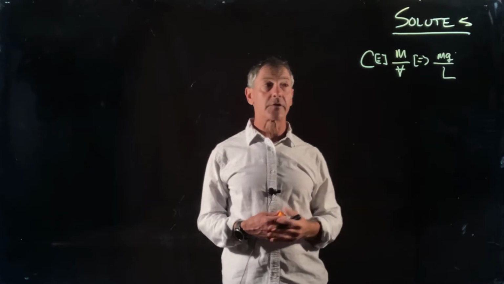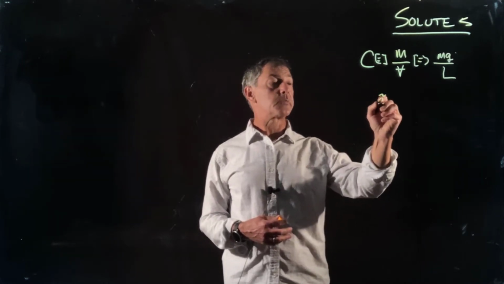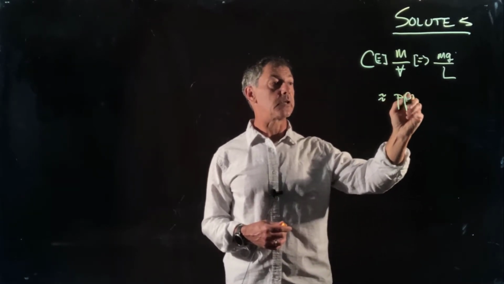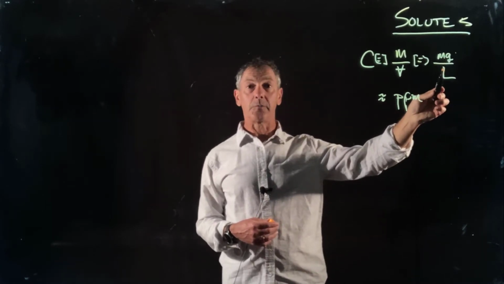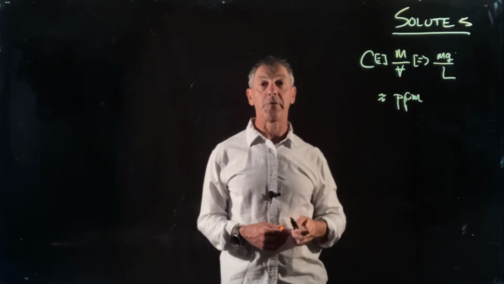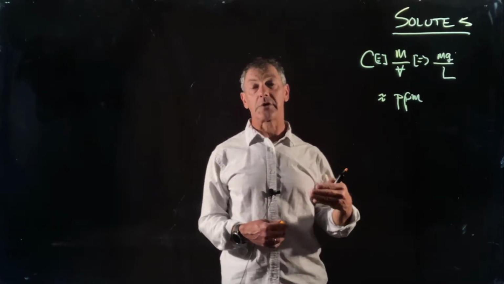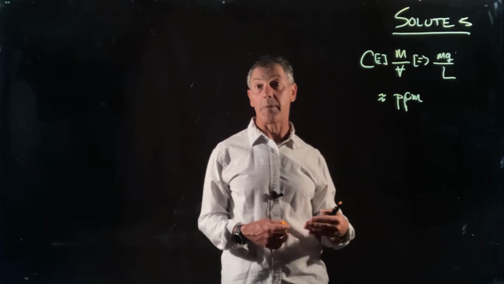And often in the literature you see another way of expressing this, and it's approximately equal to what we would say is parts per million. And so rather than working with a mass per volume, we can look at parts per million as a mass per mass. So milligrams of a chemical per milligram of water, for example.